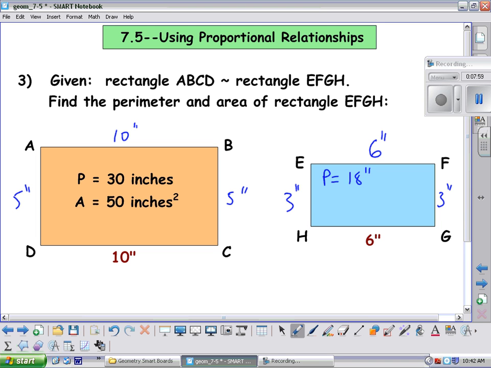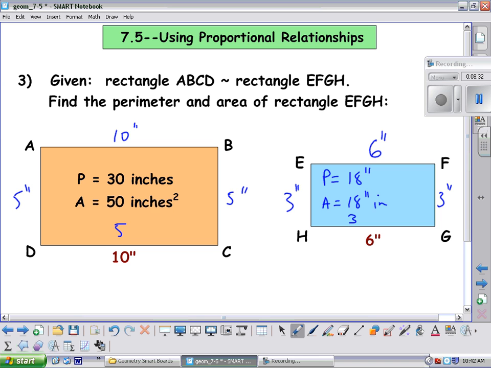Okay, so the similarity ratio of 5 to 3 held with the perimeter ratio of 30 to 18, and the area ratio, so I must have 50 over here, so I must have 18 over here, square inches.